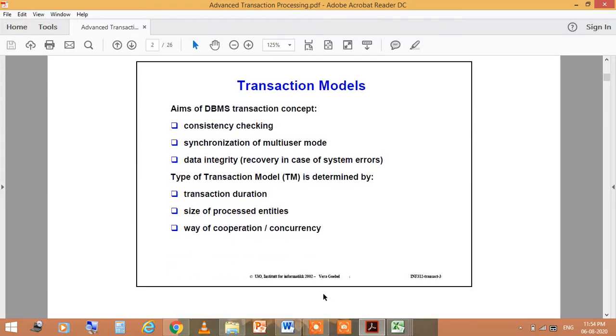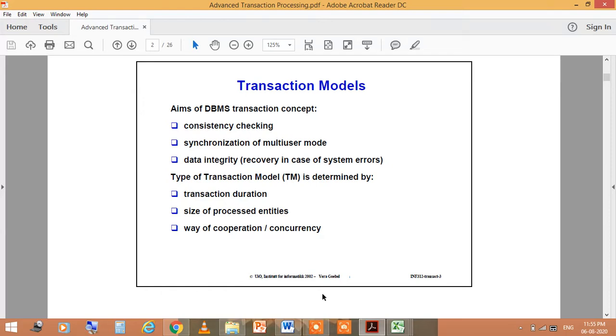So let's start from the transaction models. In DBMS, if you are creating a database, you first need to build up a structure. For this, if we are talking about the models, especially transaction models, then there is some type of structure that you have to follow for the transactions.